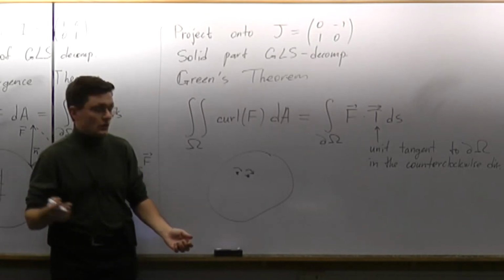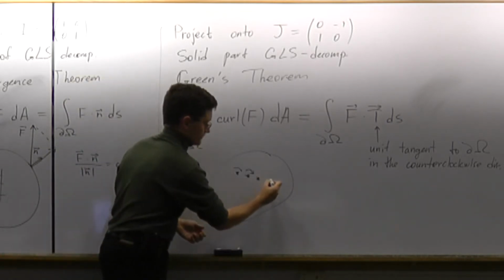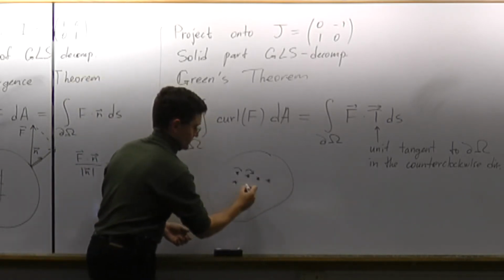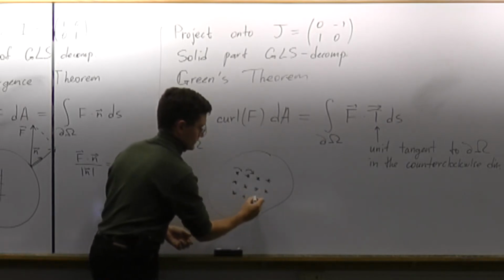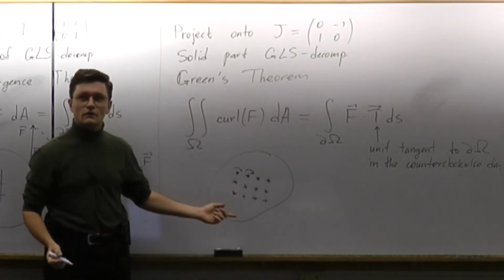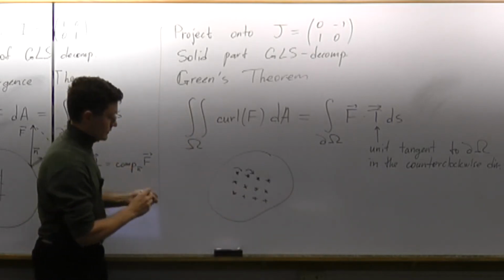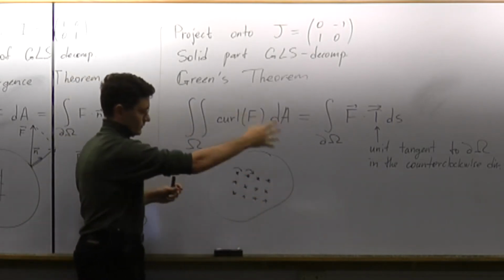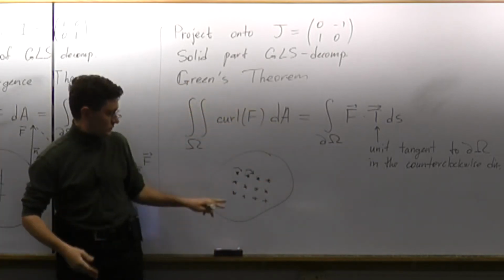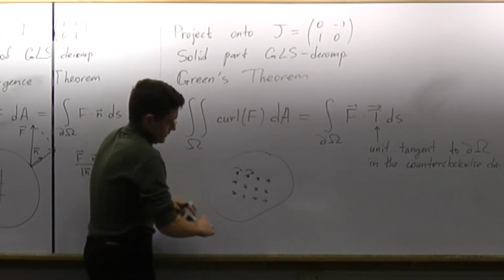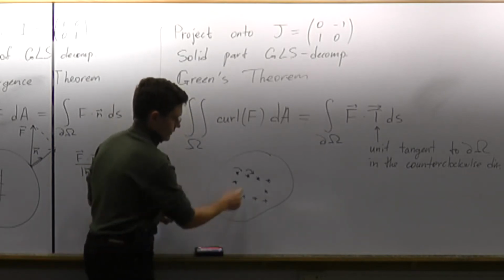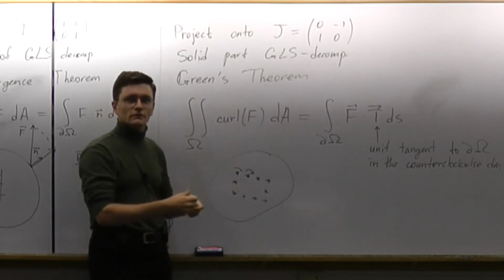Is it obvious? What if I have more of them? What if I have hundreds of them? Is it true that the total global rotation is going to be literally the sum of all those? Or maybe, in practice, all those rotations inside are going to cancel.